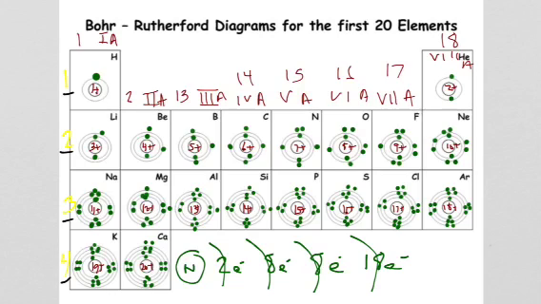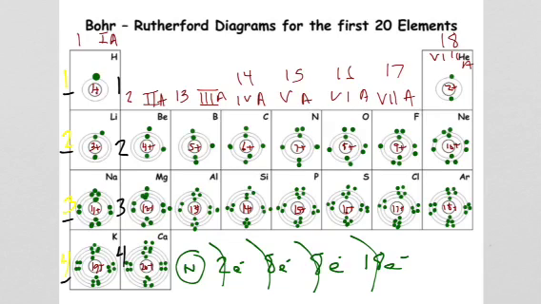How many rings? There's 1 ring. How many rings are there on the second period? There are 2 rings. How many rings are there on the third period? There are 3 rings. How many rings are there on the fourth period? You guessed it, there are 4 rings.